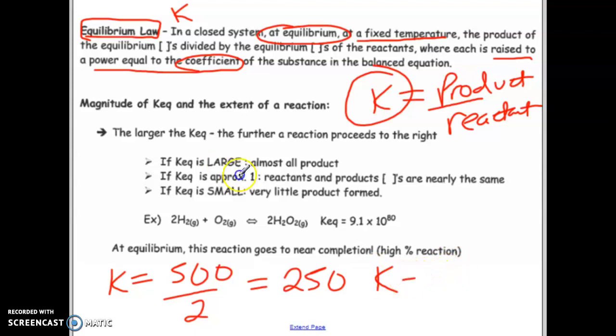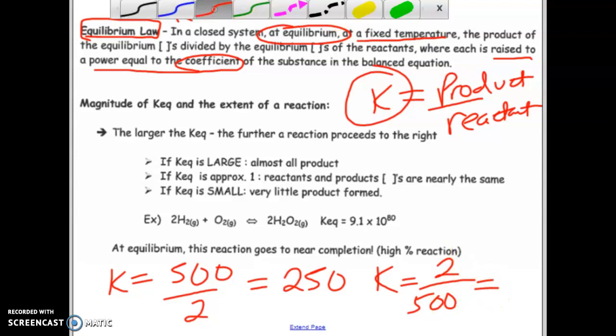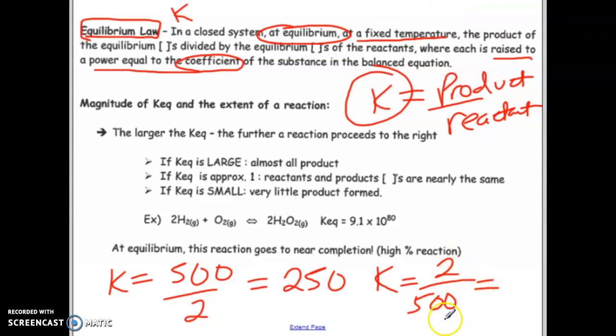Whereas if I have a small number divided by a large number, I'm going to get a very small answer. If we work that out, 2 divided by 500 is 0.004. So essentially, if you have a large numerator, you're going to have a relatively large K. If you have a large denominator, you're going to have a relatively small K. That in essence will tell you whether you have more product or more reactant in this equilibrium.